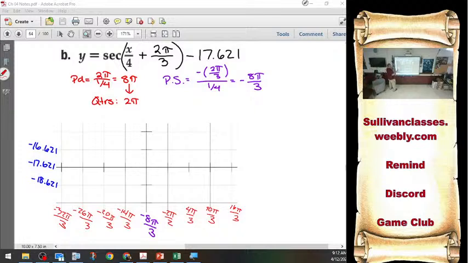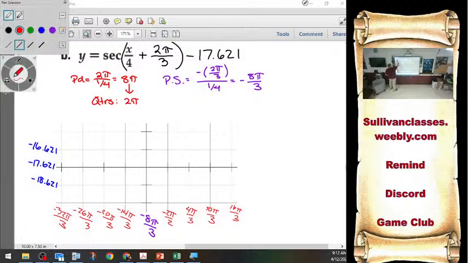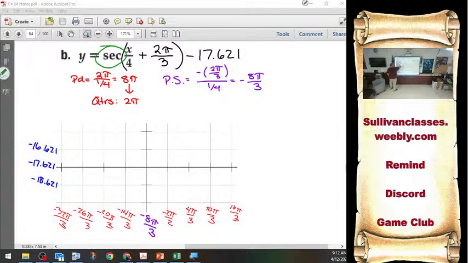So I set it up just like this was a regular sine or cosine function. I find the period, the phase shift, the vertical shift, the amplitude. I put all that stuff on there, and then I say, what kind of critter is it? Is the first one to the right the 2?